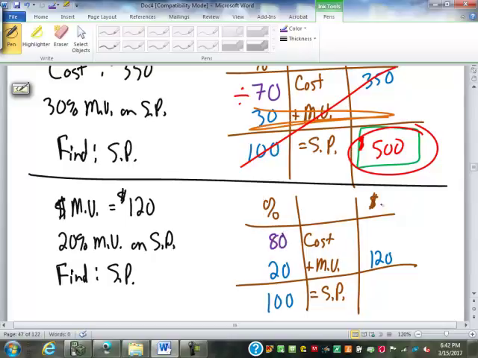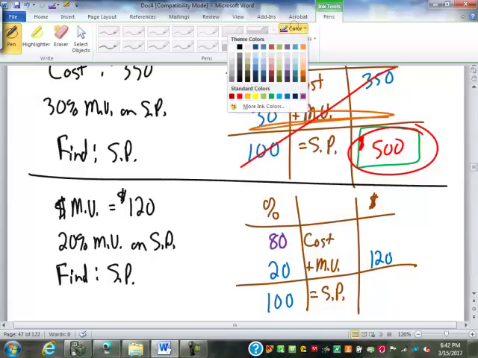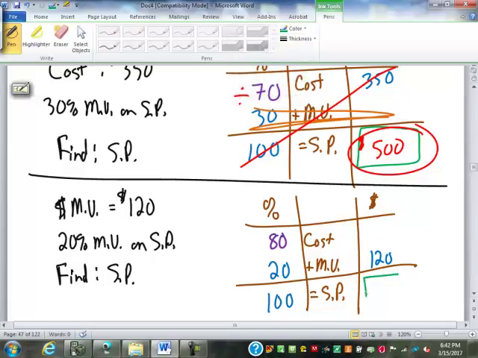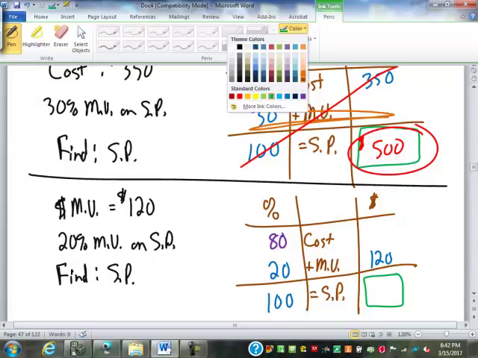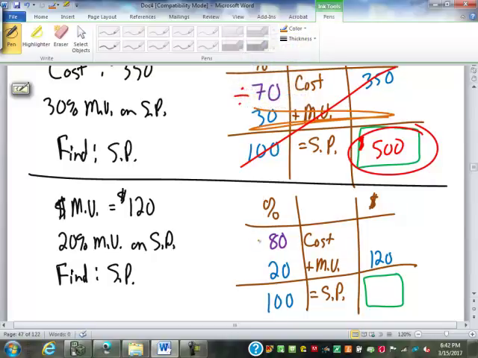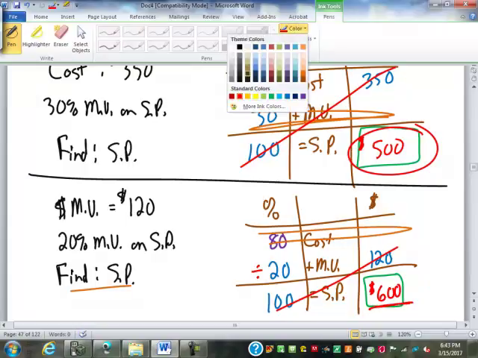We are looking for that price. You got it. We're looking for the selling price. So we don't need the top row. 100 times 120 divided by 20 is a $600 selling price.